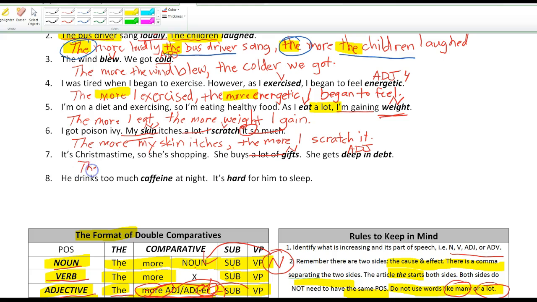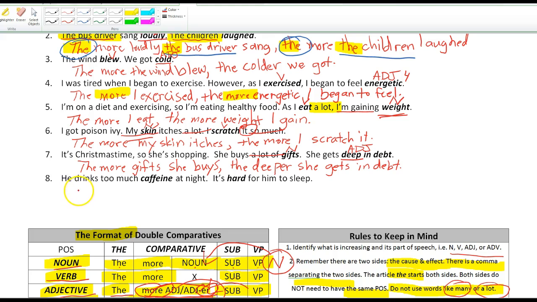So the more gifts, subject she, verb buys, comma, and then we have adjective. The more, I'm sorry, deep is one syllable, so it's going to be the deeper. Subject she, verb phrase gets in debt.